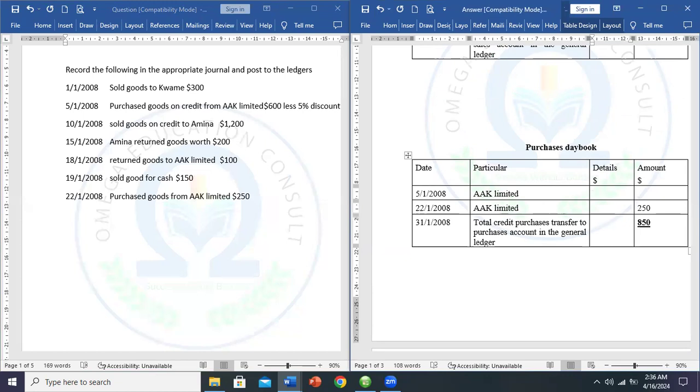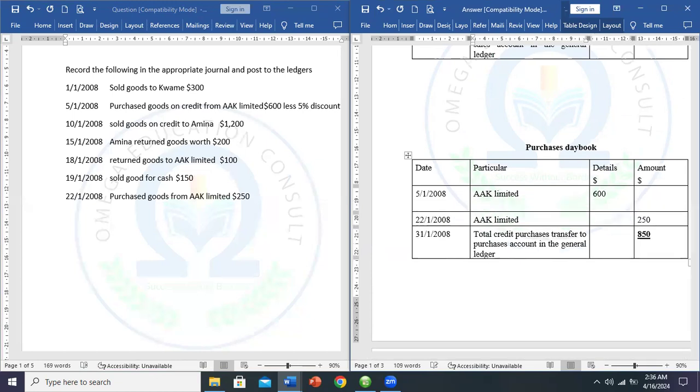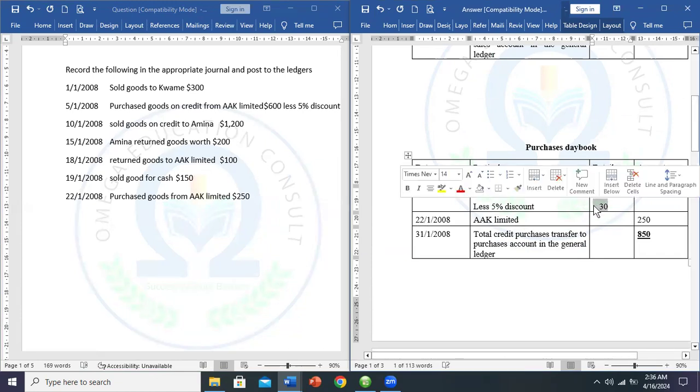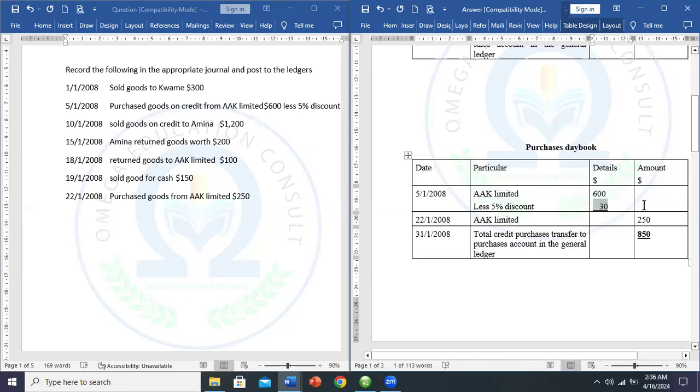So we would have written the 600 under the details and then go ahead to say less 5% discount and calculate the 5% on the 600, which is going to give us 30. Then we'll deduct this 30 from the 600 to give us a net figure of 570. So I believe this makes sense.